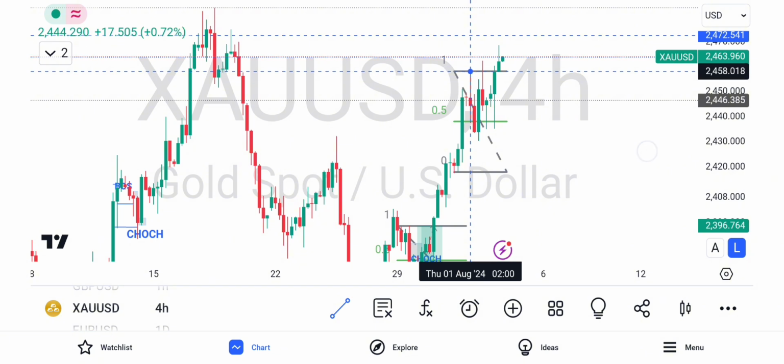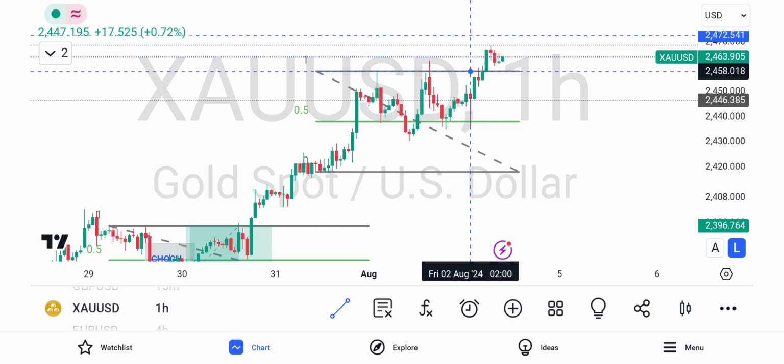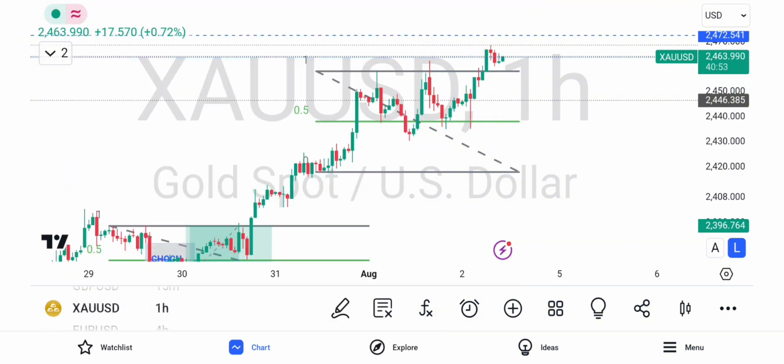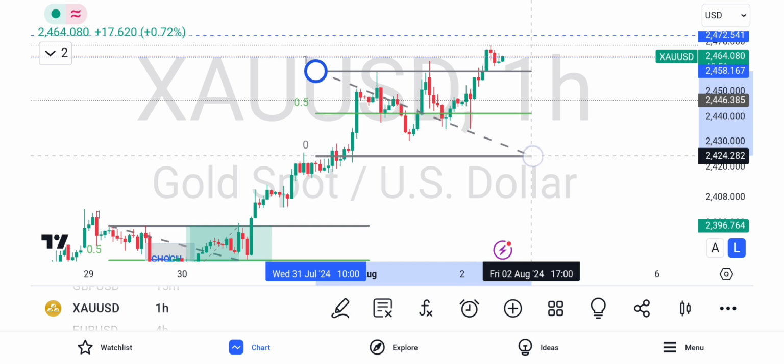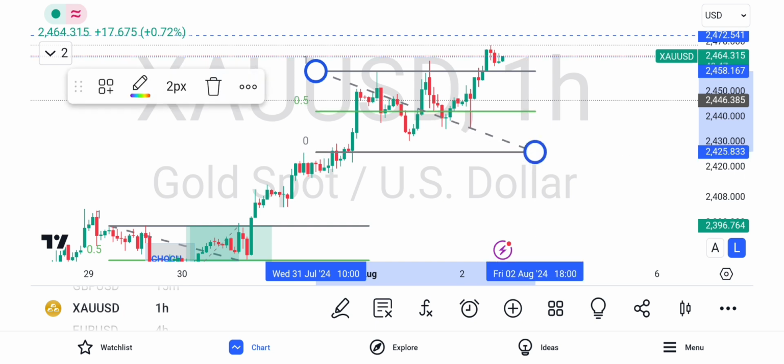We move down to a lower time frame to help us refine it well, and in refining this, we can now take this to this point.